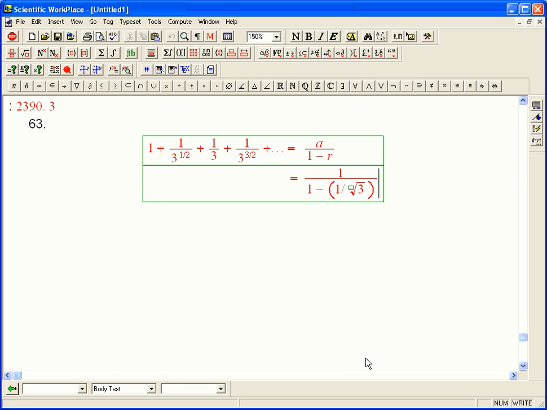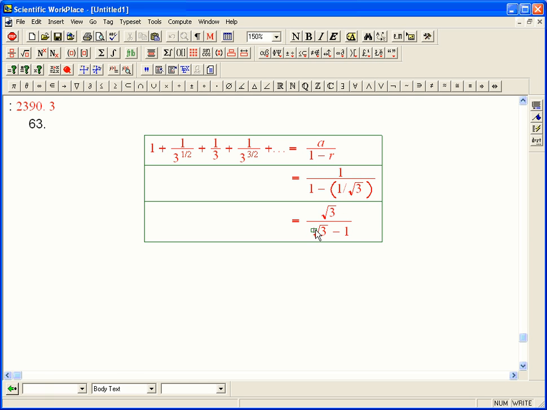And so I just have to simplify that. It's a compound fraction, so let's just multiply by root 3 top and bottom. That's going to turn this 1 into a root 3, and it's going to cancel this out and turn it into a root 3. That's cleaner. Now, I do have to rationalize that, so let's write it again.